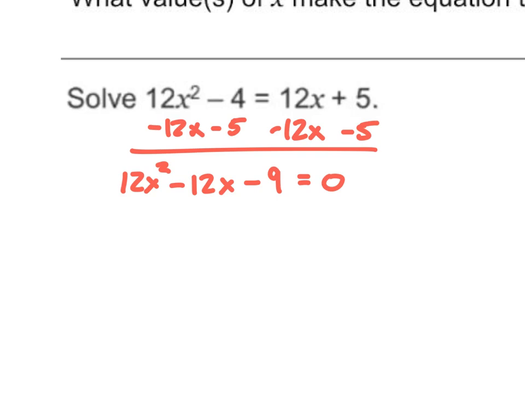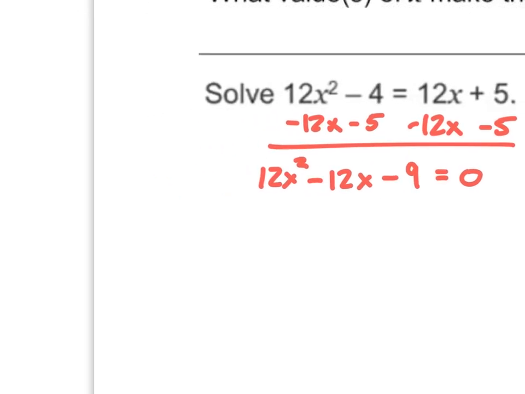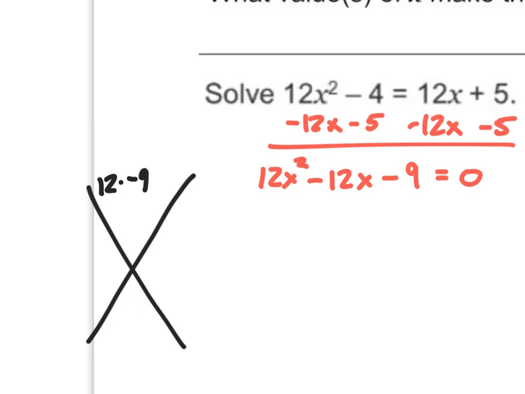Now I need to factor this, and factoring this is a little bit trickier. I'm going to do the box method, or, you know what, let me do the x method on this one. So I'm going to take 12 times negative 9, and that's going to give me negative 108.